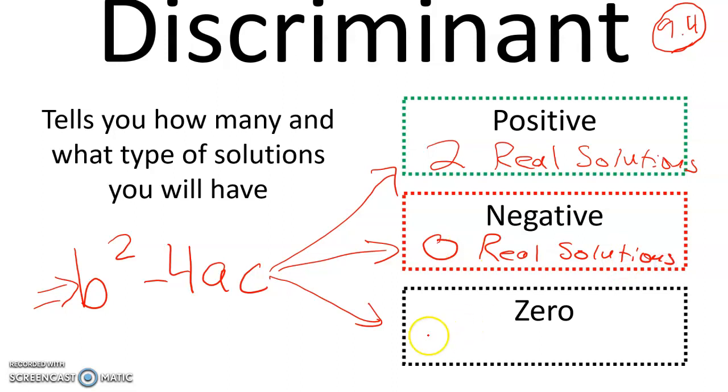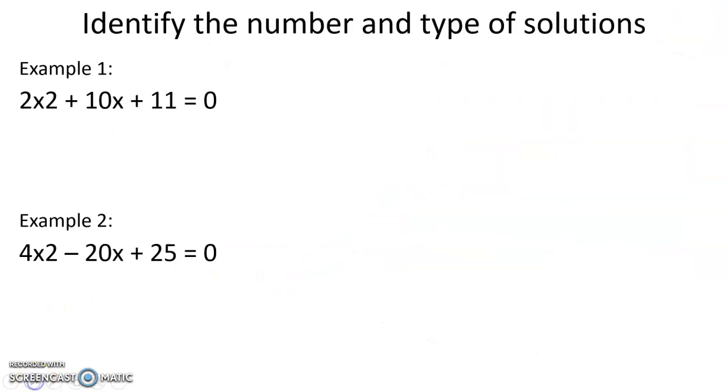And then if you get the number 0, that means you'll have 1 real solution, all right? And that's all the discriminant tells you. It tells you either, okay, I'm going to have 2 solutions, no solutions, or 1 solution. That's it. So let's work through it.